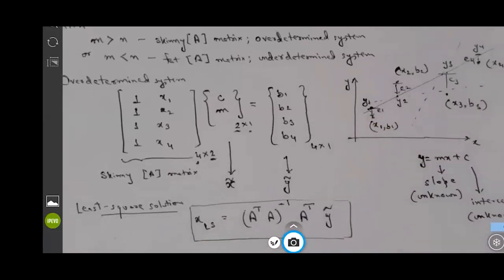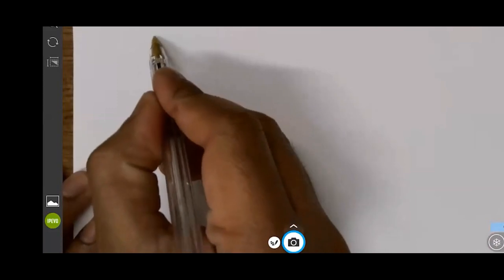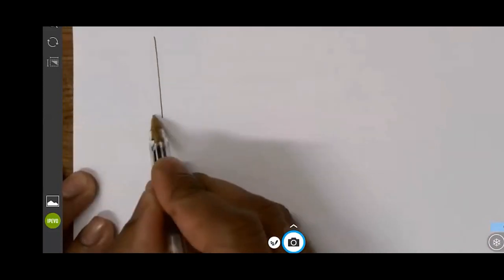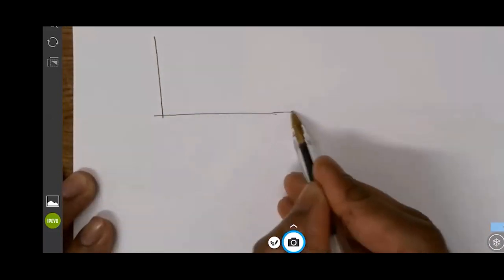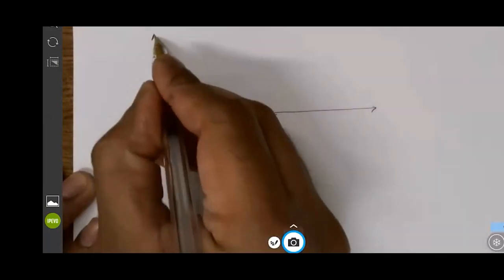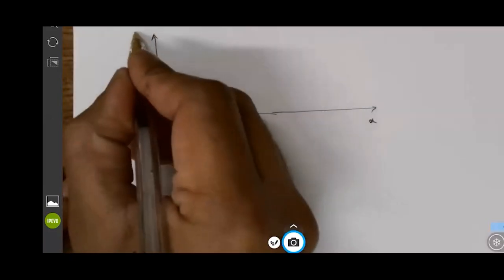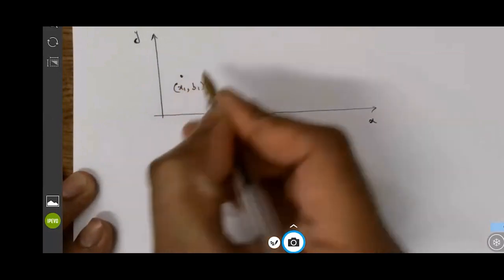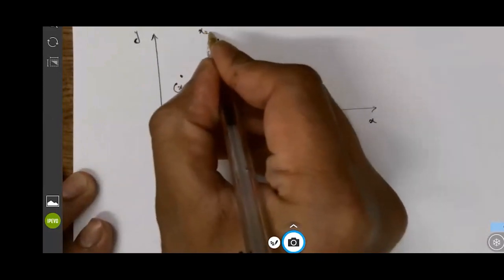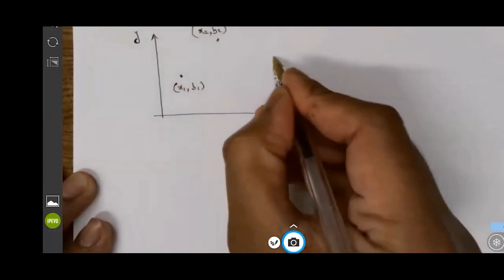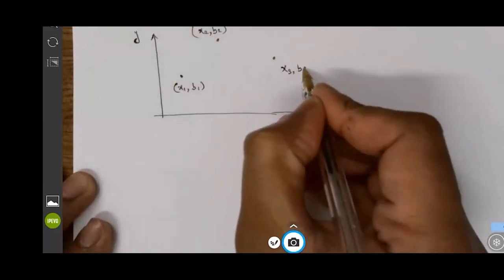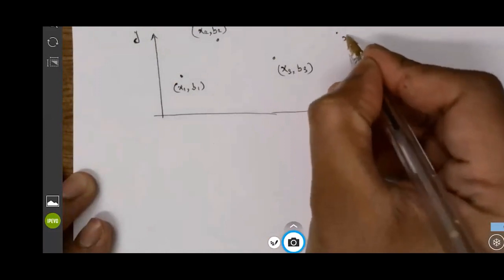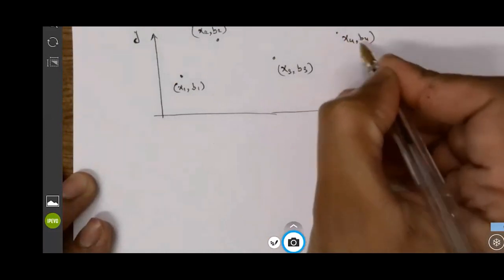For example, let me take another example. I will start with the same data points: x1, b1, x2, b2, x3, b3, x4, b4.